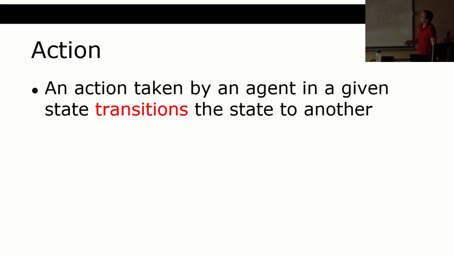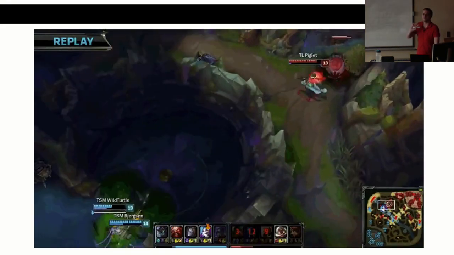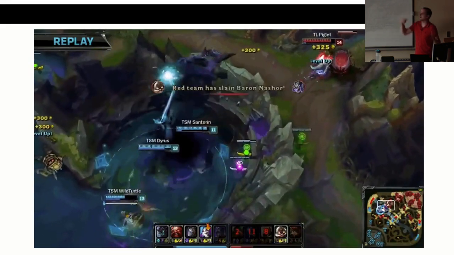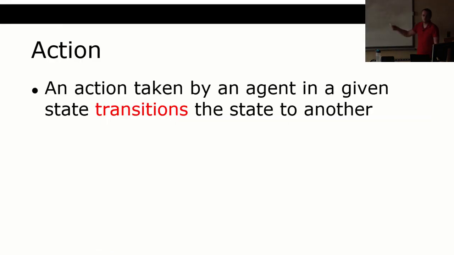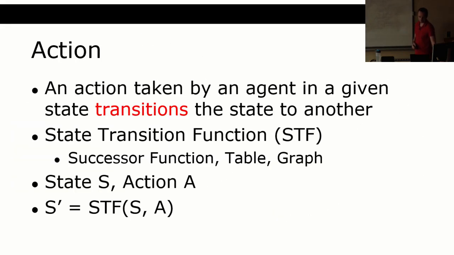And if you think about it, a video game kind of does have something like that. You don't program the entire state machine. You don't list it as a big diagram. But you do have rules that transition you from one state to the next state based on the physics of the game, etc. So this is called the state transition function, STF.